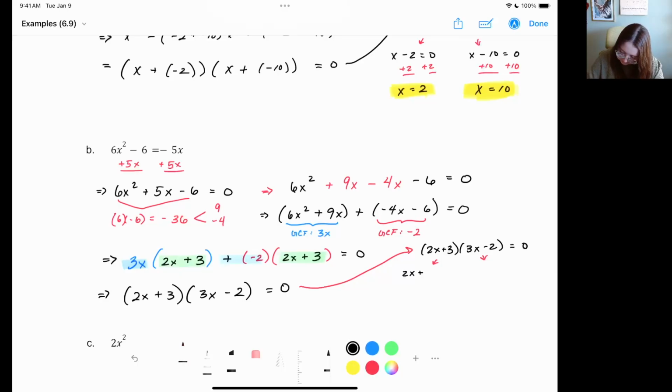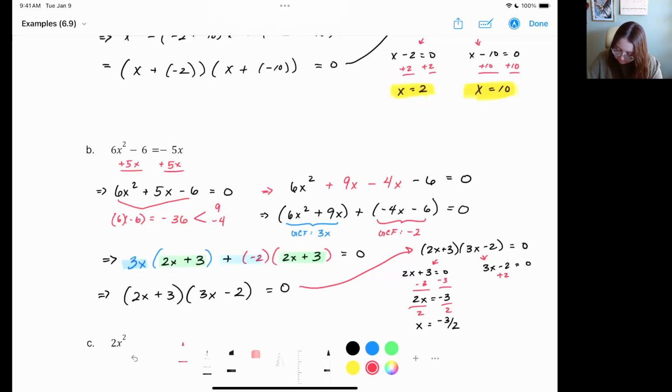So we get 2x plus 3 equal to 0. Now we want to subtract the 3 from both sides. We get 2x is equal to negative 3. Then we want to divide by 2. We get x is equal to negative 3 halves. Now we'll do the other one, 3x minus 2 equals 0.